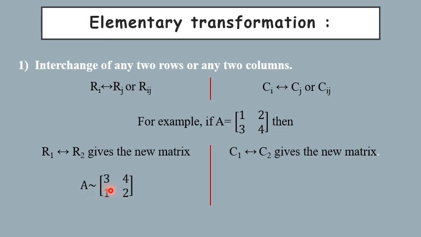When we perform this transformation on matrix A, that means we have to interchange the first column with the second. That means we interchange 1 by 2 and 3 by 4, which gives the new matrix A equivalent to: first column is 2 4 and second column is 1 3.